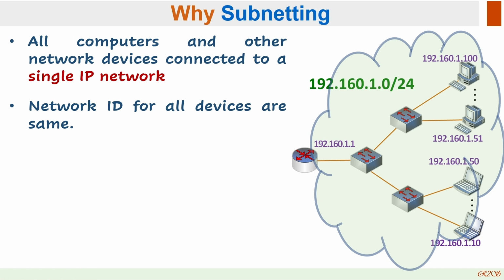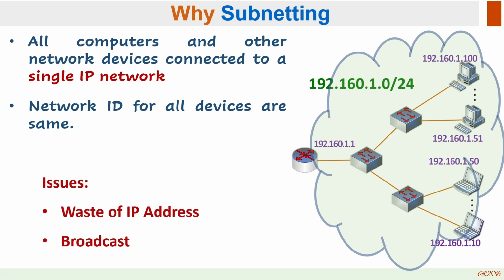So now the question is, what are the issues in this case? One issue is waste of IP addresses. For example, consider in this network we have 100 devices, but in the network 192.160.1.0/24 we can have 254 or 252, more or less, that number of devices or IP addresses, right?